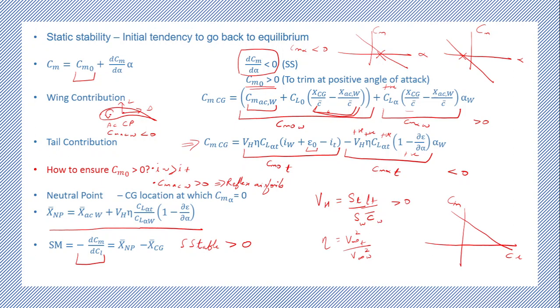For stability, we have only Cm alpha. See, in the Cm alpha term, this IT is not appearing at all, correct? So the IT, that is the tail setting angle, will not help in any way if the angle of attack is disturbed, right?